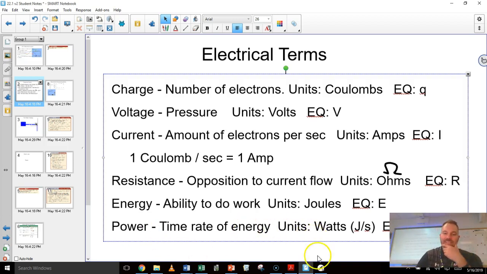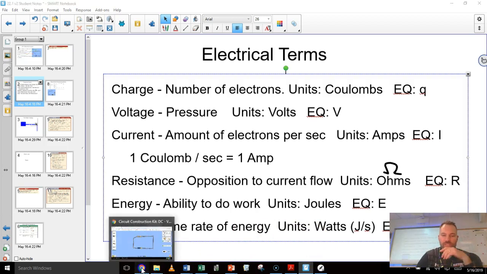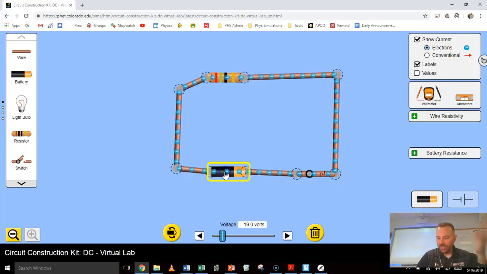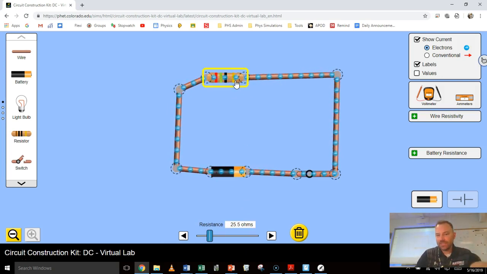So you kind of can see this, most of these things when I go over here. Voltage, that's like pressure. If I increase the pressure, I can increase the current. Resistance, that's like a kink in the hose. If you increase your resistance, less and less current flows. So current, it's directly proportional to voltage or pressure. It's indirectly proportional to the resistance. So more resistance, less current.